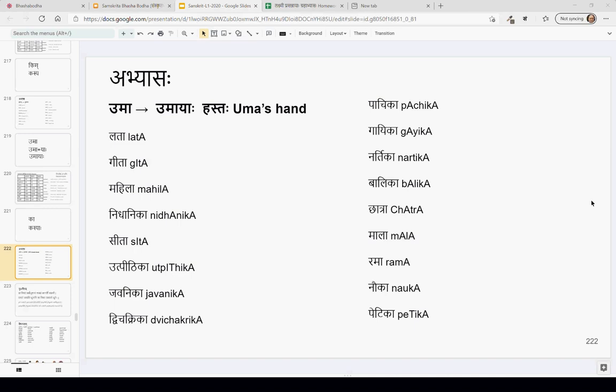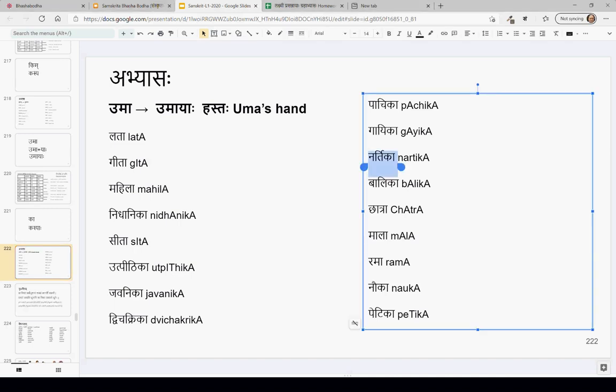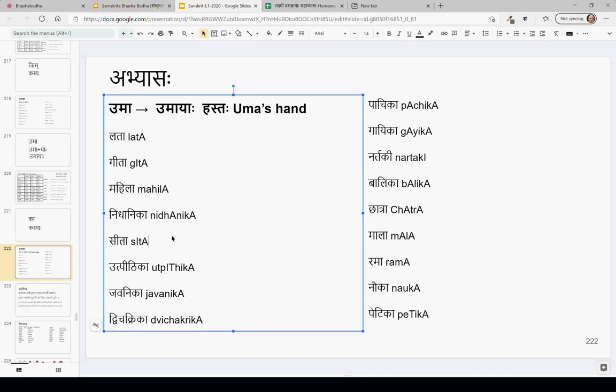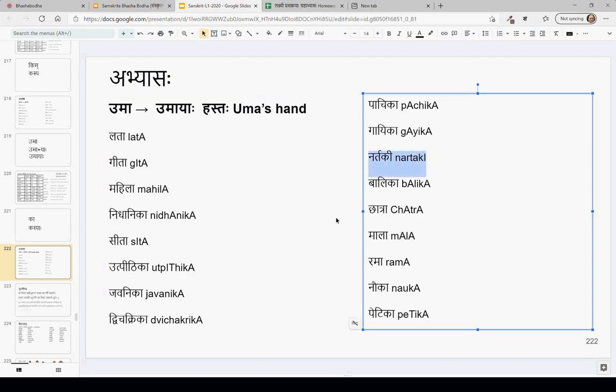Okay, so we have a typo here. This is the ikaranta. You can try this nartaki. Ikaranta, we don't have ikaranta, so there is only one.